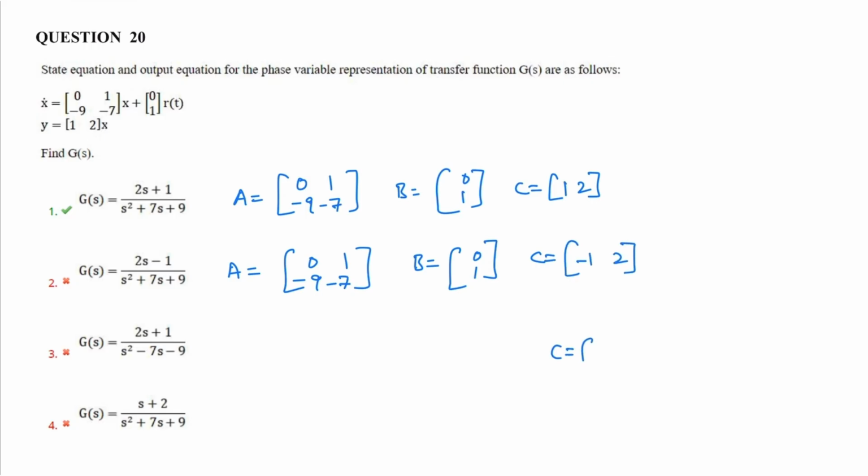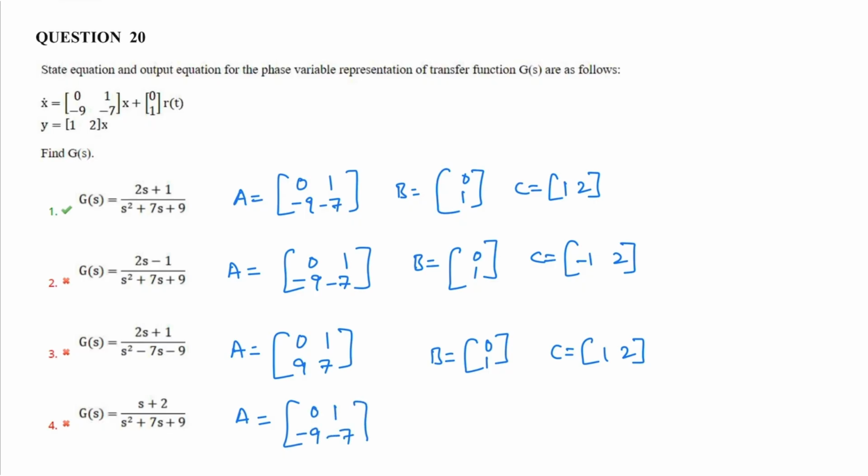Another option has C as [1 2], B as [0; 1], and system matrix A as [0 1; 9 7]. Another has A as [0 1; minus 9 minus 7], B as [0; 1], and C as [2 1]. A is the system matrix, B is the input matrix, and C is the output matrix.